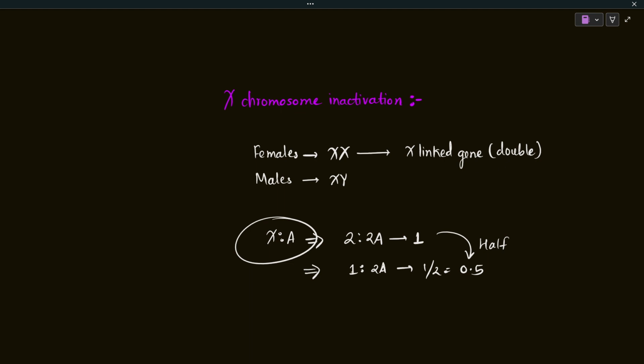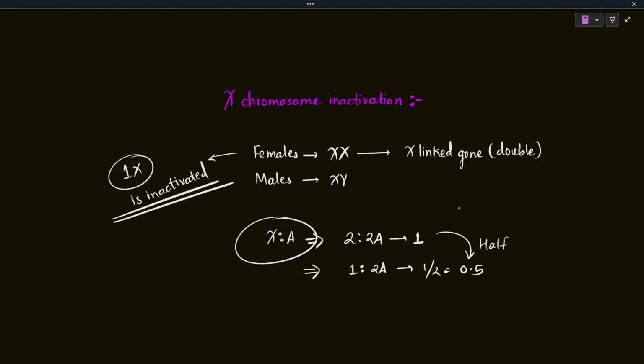So for achieving the balance, in females who have two X copies, one copy of the X chromosome is inactivated, and this is done by heterochromatinization. So one X chromosome is inactivated, and this phenomenon is known as X chromosome inactivation. And by this X chromosome inactivation, the dosage compensation is done.